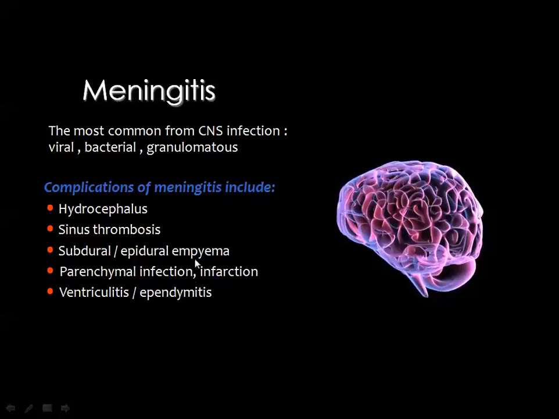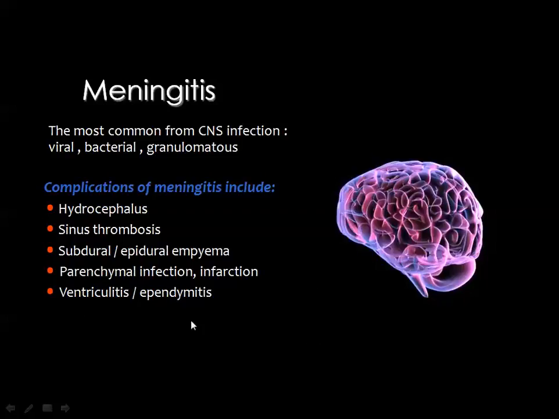And the patient may develop subdural or epidural empyema, or the infection may extend into the brain parenchyma, resulting in infection, which may be in the form of encephalitis if the causative organism is a virus, or cerebritis if the causative organism is bacterial.